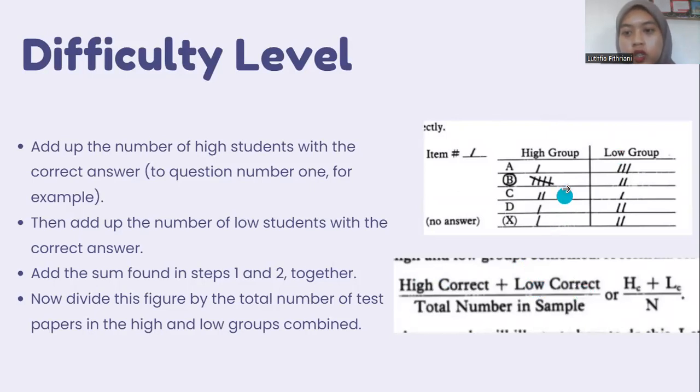So as you can see on the screen, the high group that can answer the question number one correctly is 5. So 5 plus 2 divided by 20, the total number in sample, and the result is 35%.